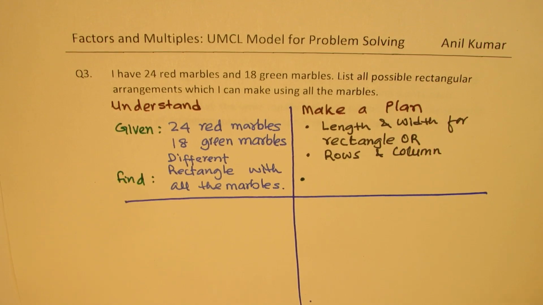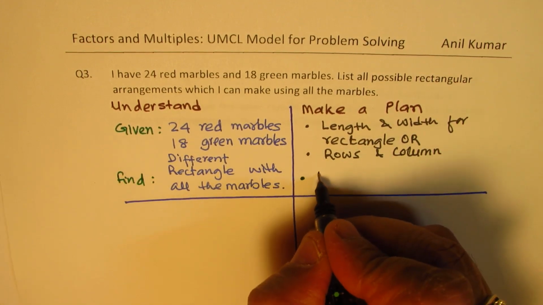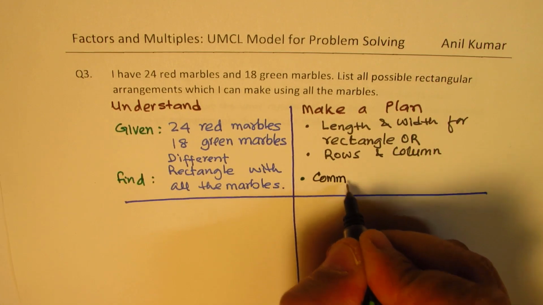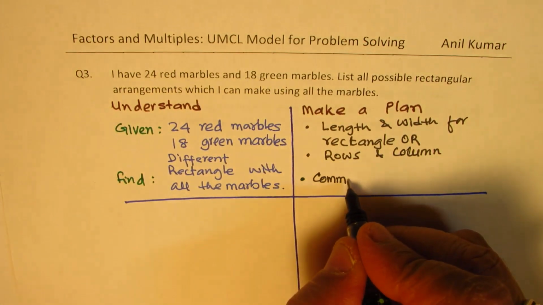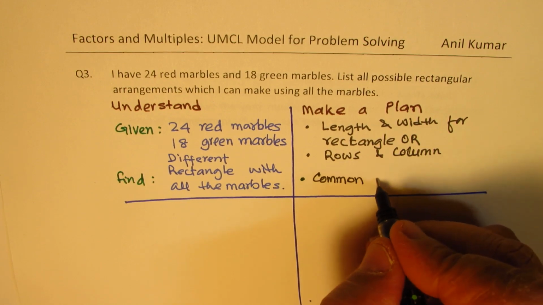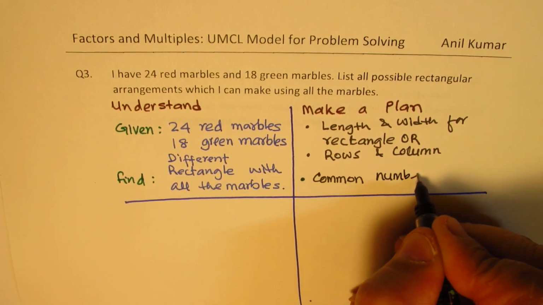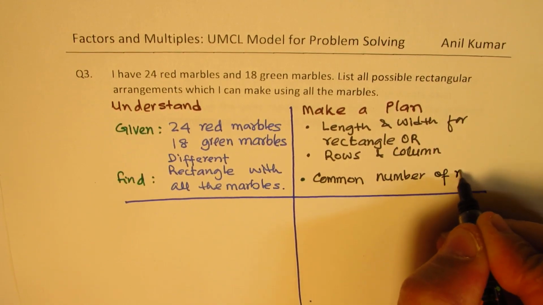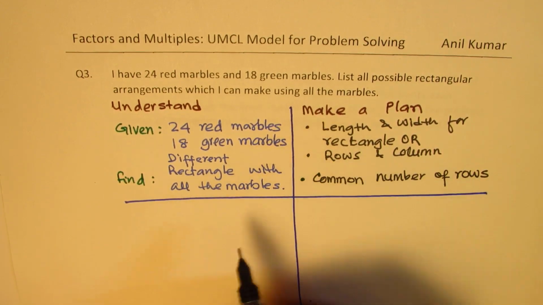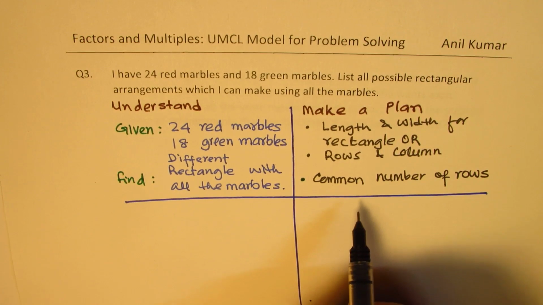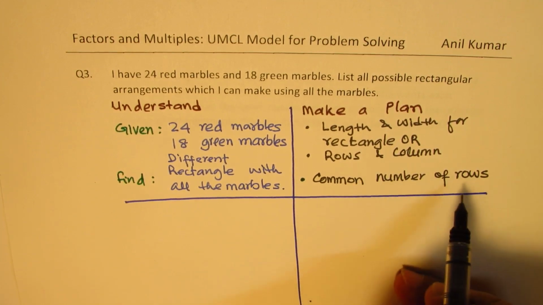So we have common rows. So we can find common multiples, or 24 and 18. So common number of rows, right, to make this column. So rows will be width here for you, right? So common number of rows. And how can we figure this out?